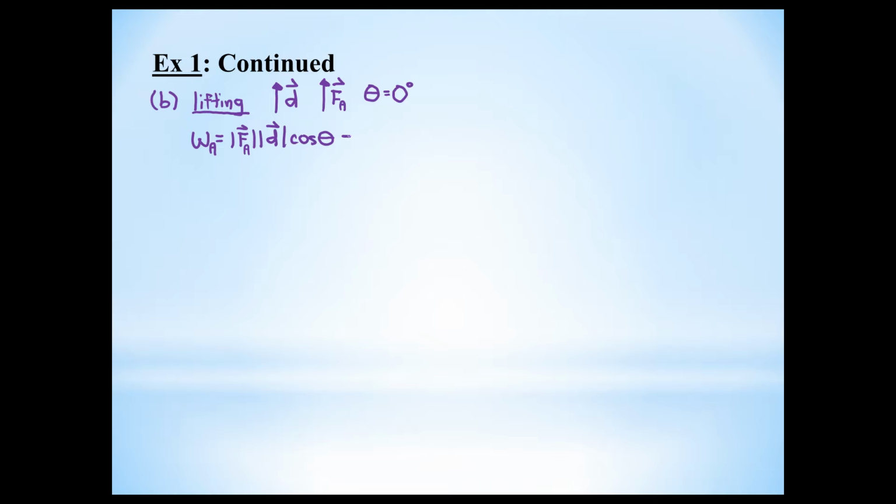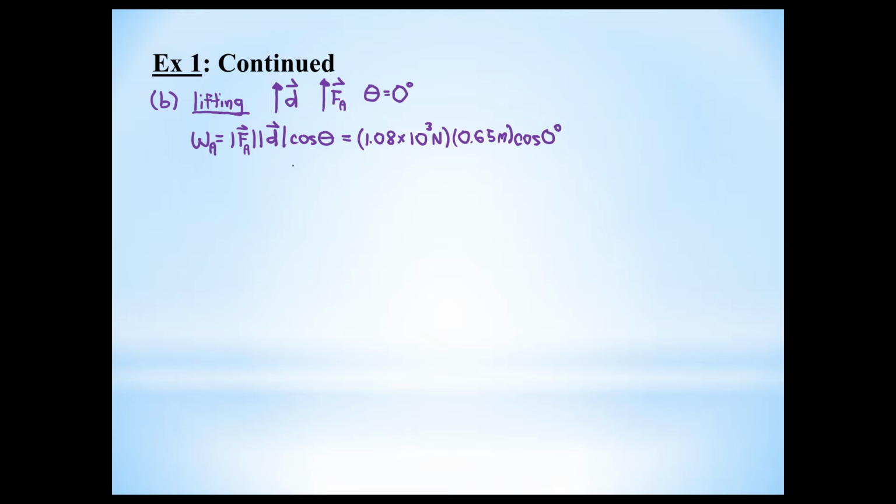Okay, let's plug the numbers in. So from the previous part, we had the applied force magnitude as 1.08 times 10 to the third newtons. We're lifting it by 0.65 meters. By the way, that was a really loud sneeze if you're wondering what that was. Times cosine of 0 degrees.